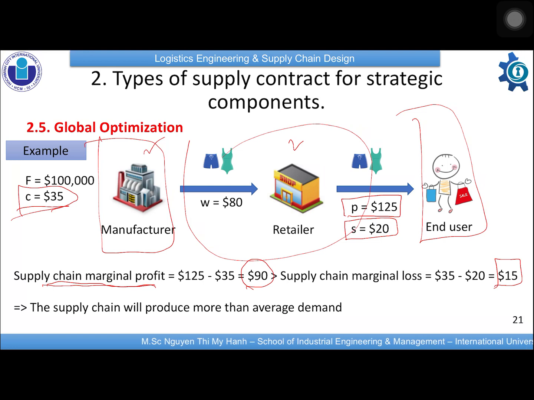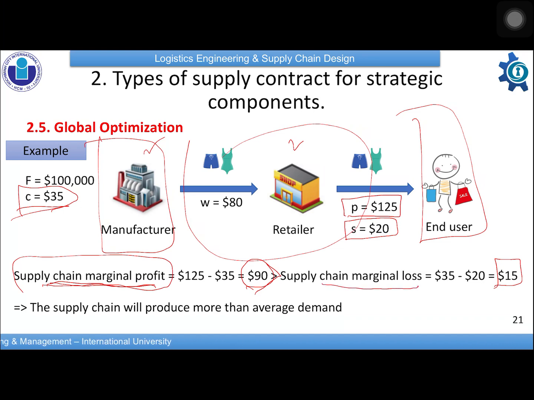The marginal profit is much larger than the marginal loss, so the supply chain will produce more than the average demand.